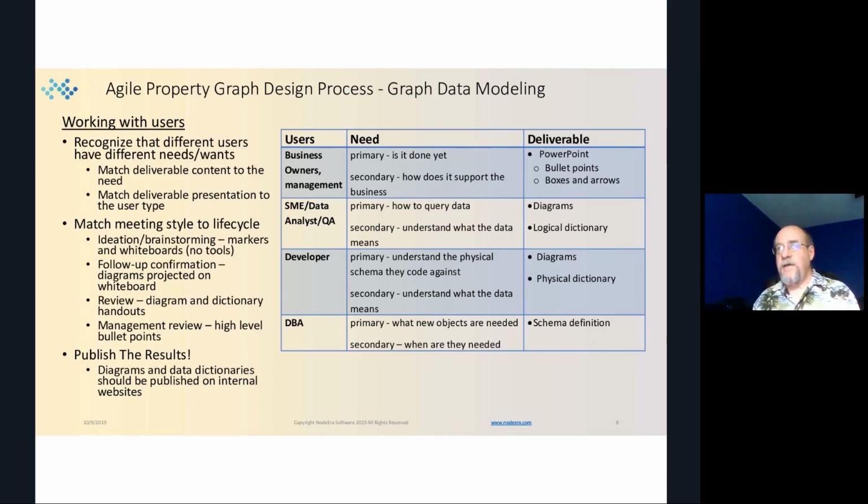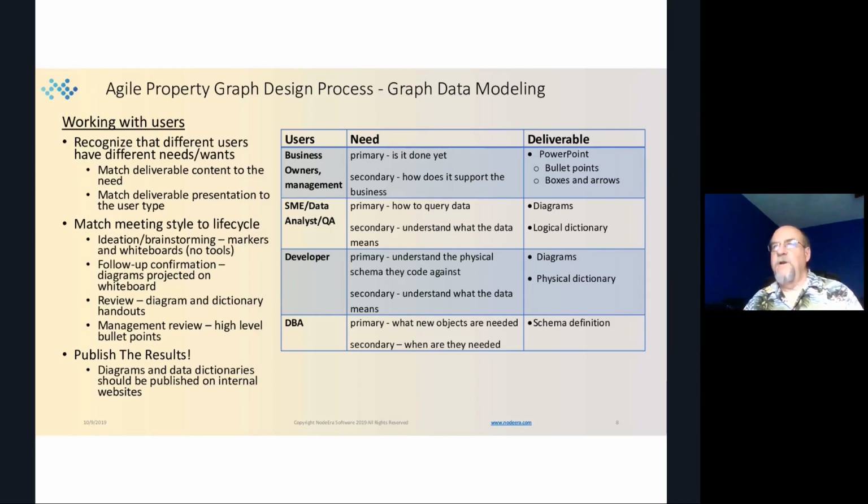It's really up to the application developer to enforce all the constraints. So they want to see the diagrams too, and they want to see additional physical metadata like data types and things like that. The DBAs, they're more focused on what do I need to do to implement this thing?